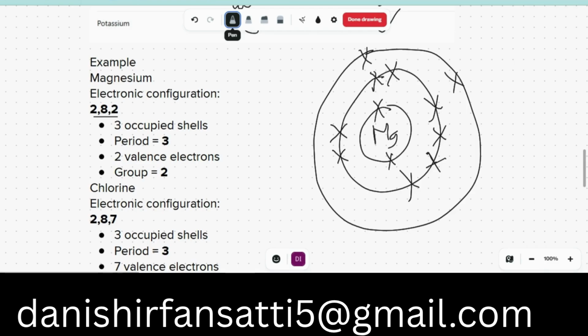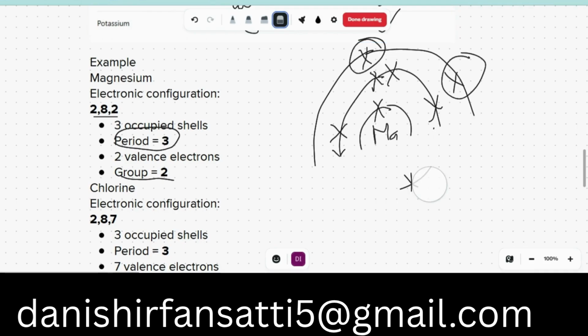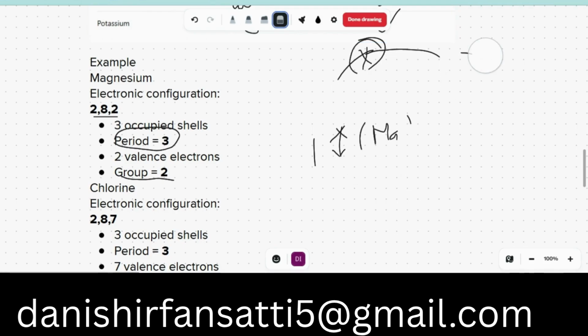How many shells are there? There are 3 shells, so it is in period 3. How many electrons are in the valence shell? 1 and 2, so the group is 2. Did you get this point or not? Please leave a comment, that would be very helpful for me.